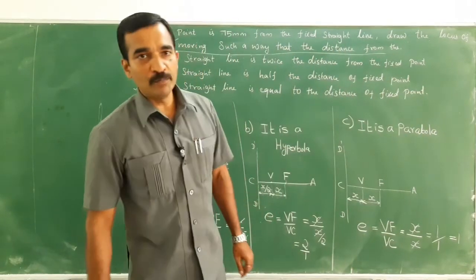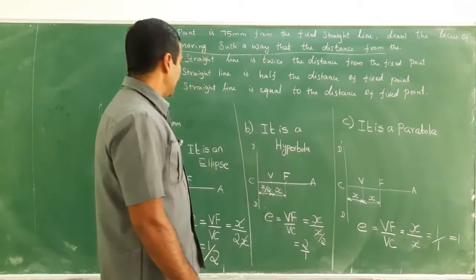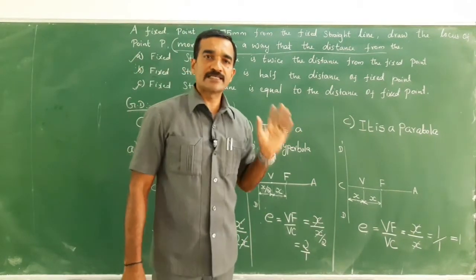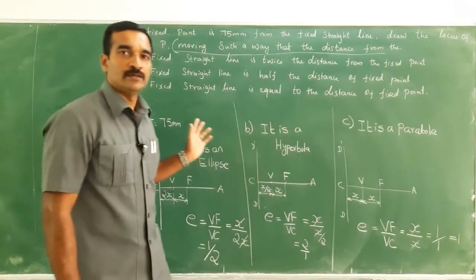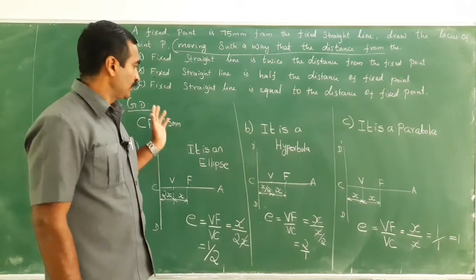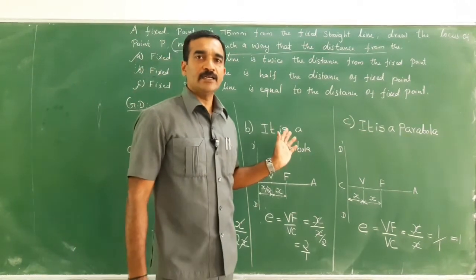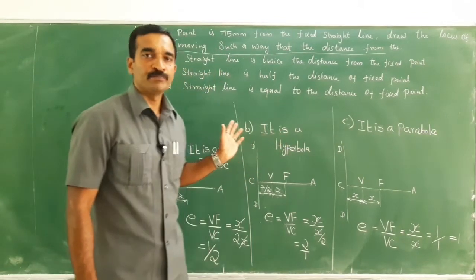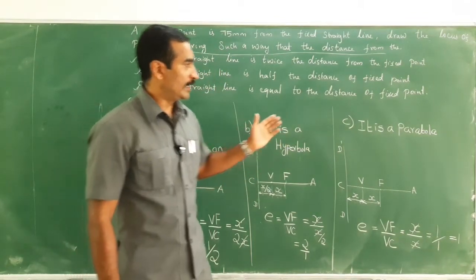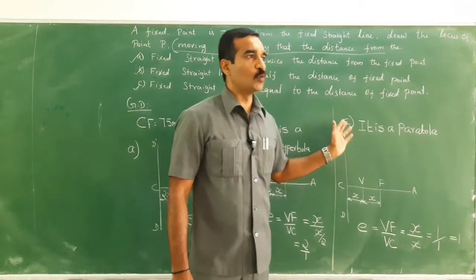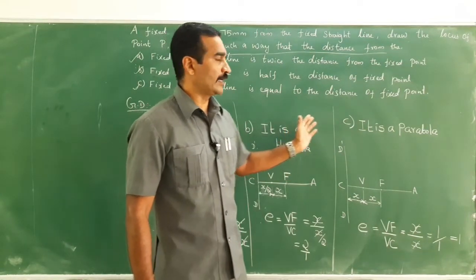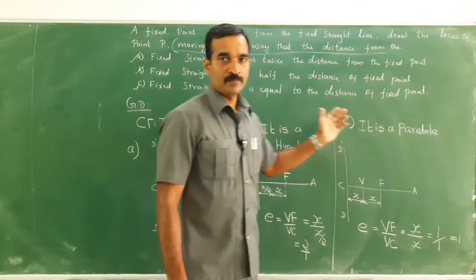Right? Remember, when the value E is less than 1, it could be an ellipse. If E is greater than 1, it could be a hyperbola. And when E is equal to 1, the curve is a parabola.